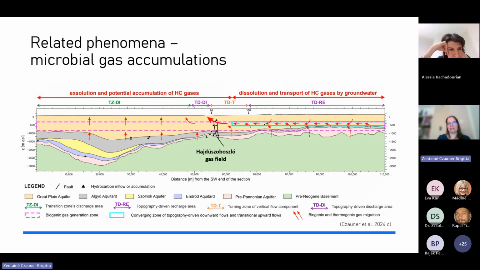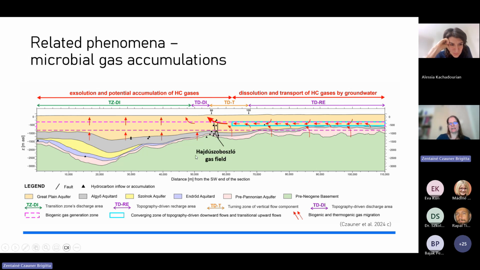Okay, and another interesting phenomenon related to these flow systems is the microbial gas accumulations in the area. Now, this is the same section, just with the geological interpretation that I have shown you in the previous slides.